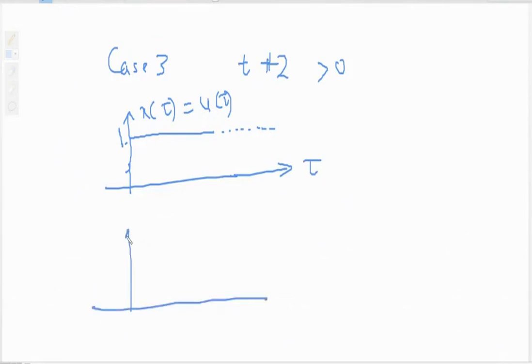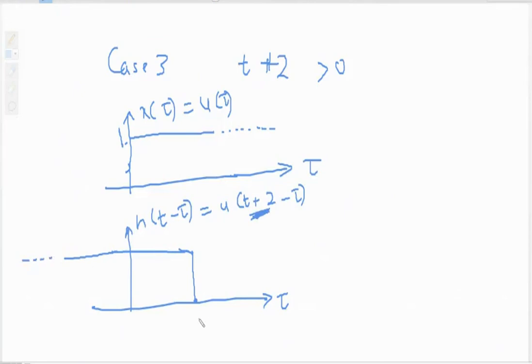Now I am sketching h of t minus tau, which is nothing but u of t plus 2 minus tau. And I have considered that this t plus 2 is greater than 0. Minus tau means folding. So now my signal will start from some positive t plus 2 and it will go towards the left hand side. So this is t plus 2.